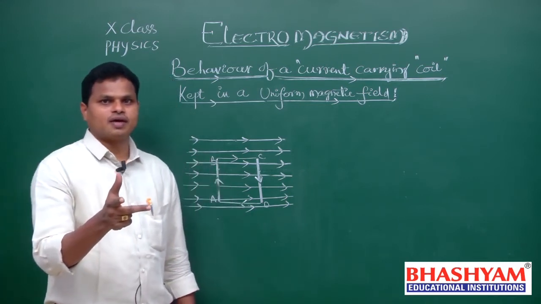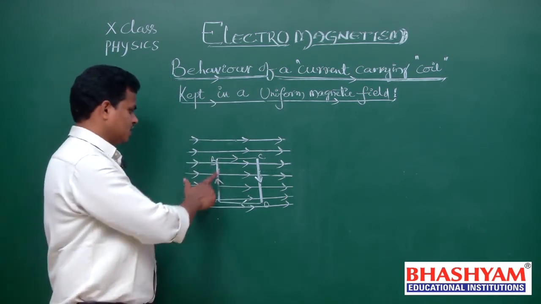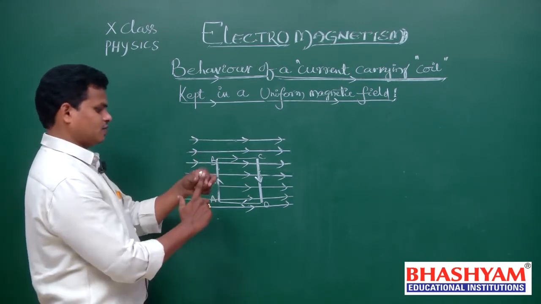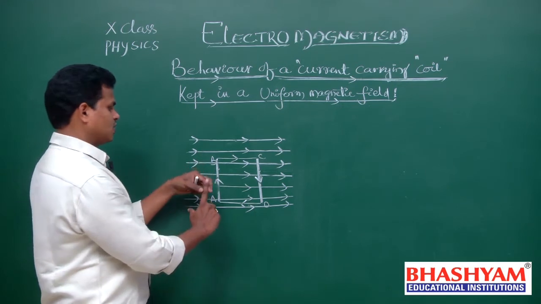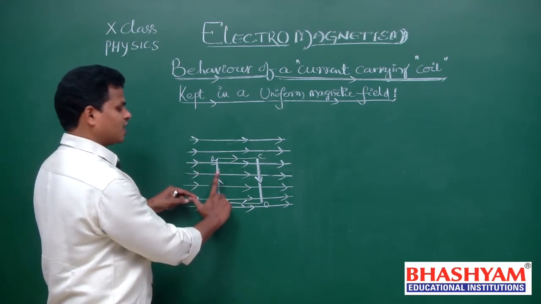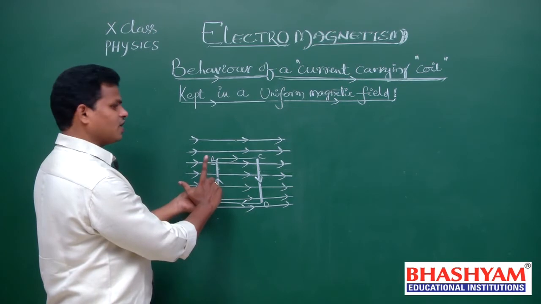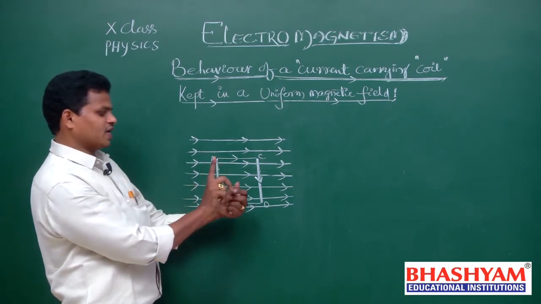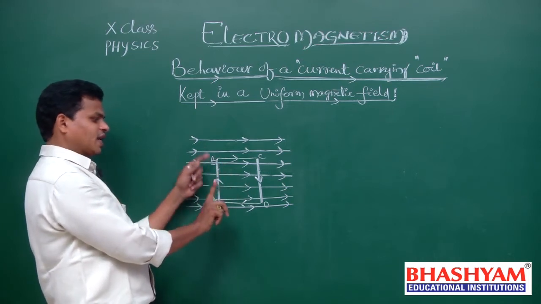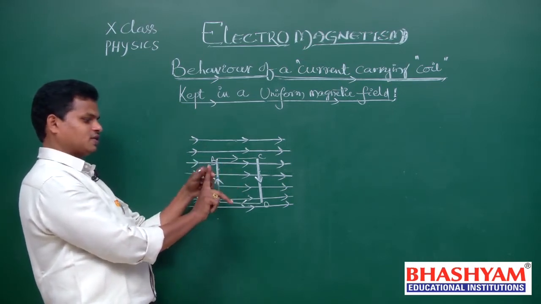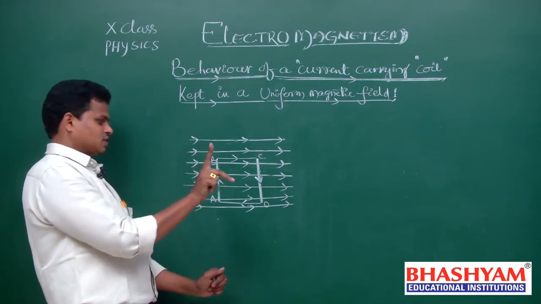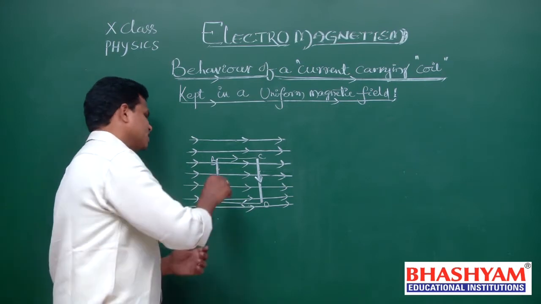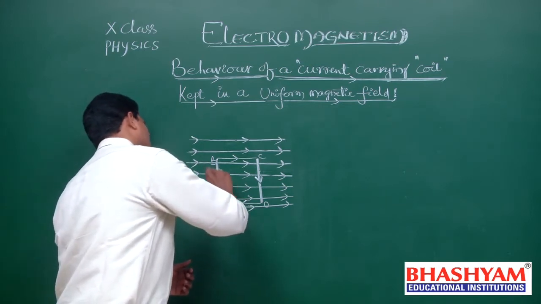Now apply the right hand rule at arm AB. The forefinger points towards the direction of current, and the middle finger points towards the direction of the magnetic field. Now the force is inward to the field. So the direction of force on AB is inwards.